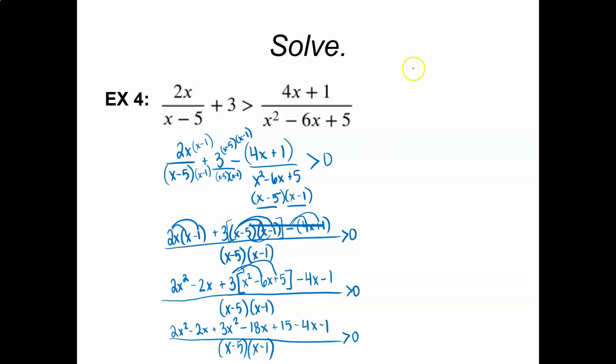So we're going to get 5x squared. Then we'll have, let's see, negative 24x. That'll get all 3 of those taken care of. And plus 14.